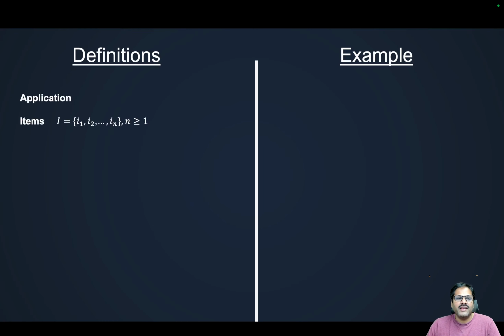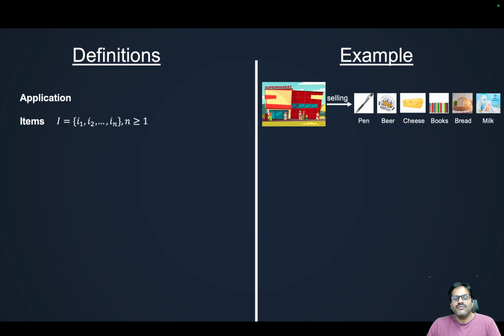If you consider any application, that application will have n number of items. For example, if we consider a supermarket selling the items pen, beer, cheese, books, bread, and milk, then the items I represent pen, beer, cheese, books, bread, and milk.